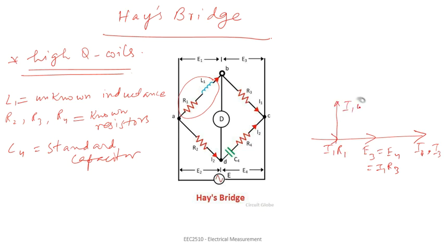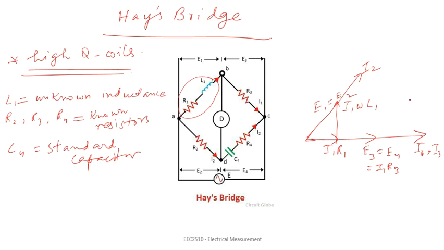This is I1 omega L1, this is E1 equals E2, and this can be extended as I2.